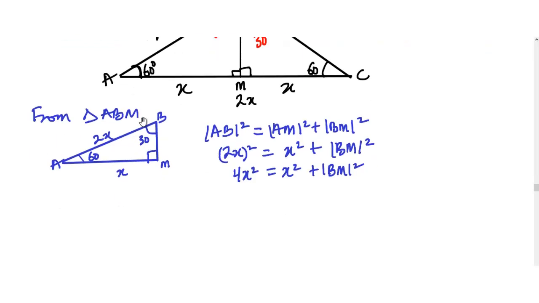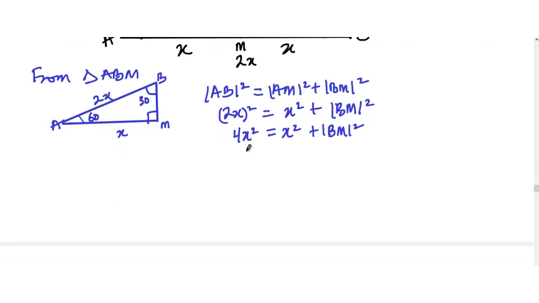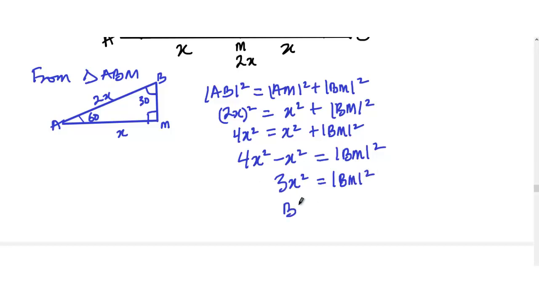All right. So the next thing we need to do is to collect like terms. So if we bring x square in, we have 4x square minus x square is equal to BM square. 4x square minus x square will give us 3x square is equal to BM square. So we can rearrange. We can say that BM square is equal to 3x square.